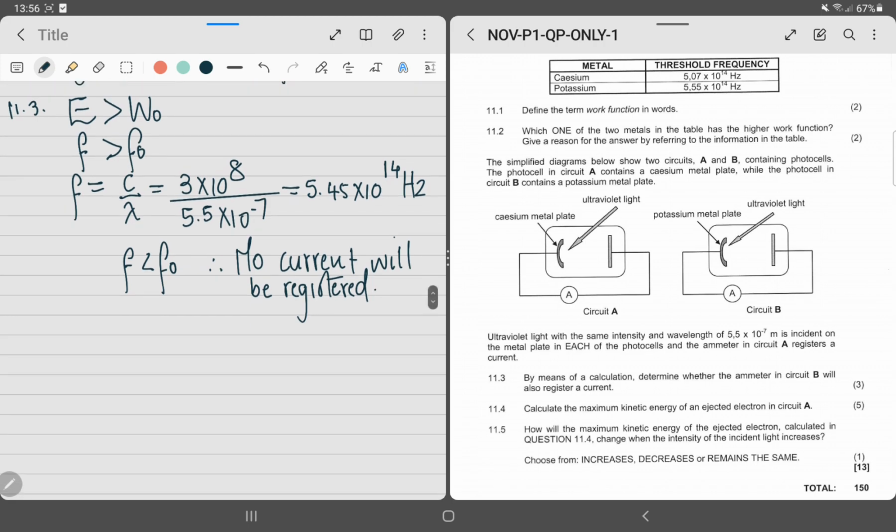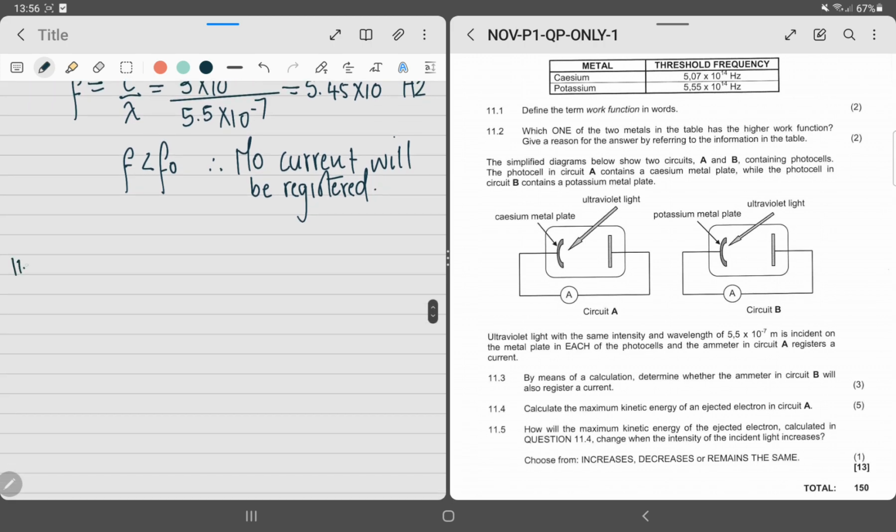11.4. Calculate the maximum kinetic energy of an electron that is ejected in circuit A. Energy should be equal to the work function plus EK max. So we are searching for the EK max.